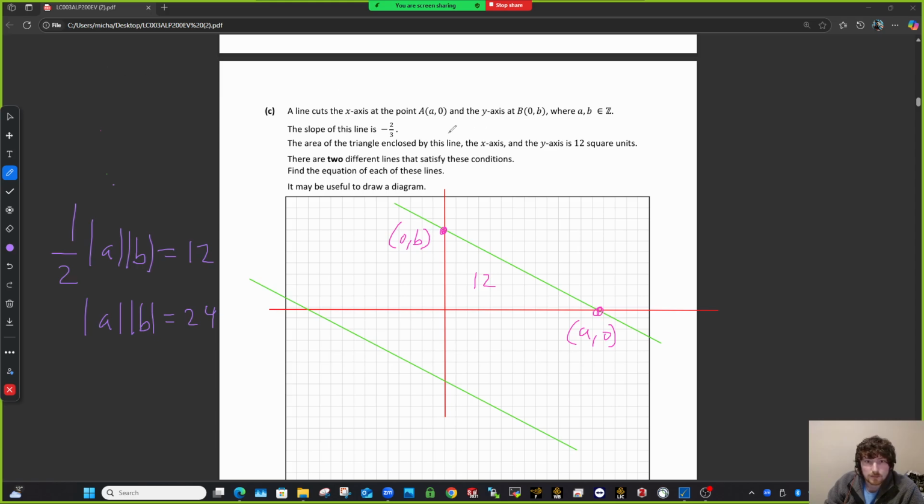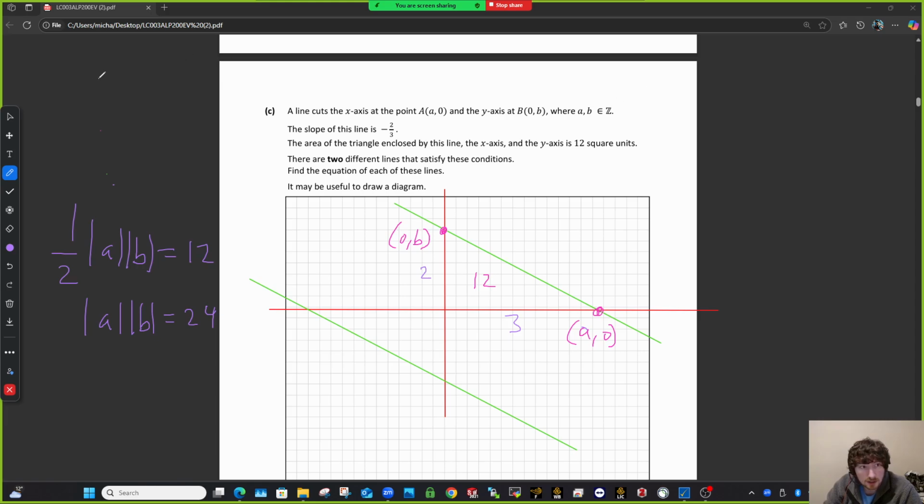The other piece of information we've got to bring in here is the slope. So the ratio, in general, what we're going to be doing is falling 2 units and running 3 units. So that tells us information about the ratio that a and b are in.